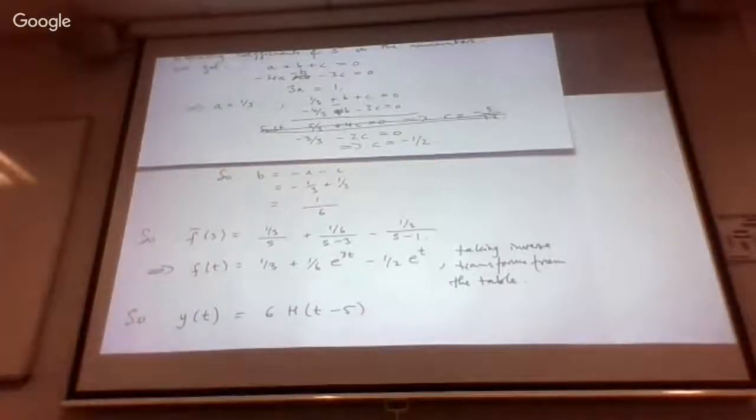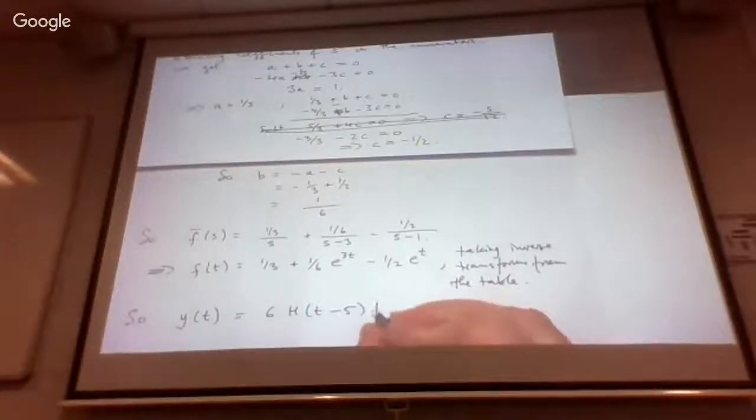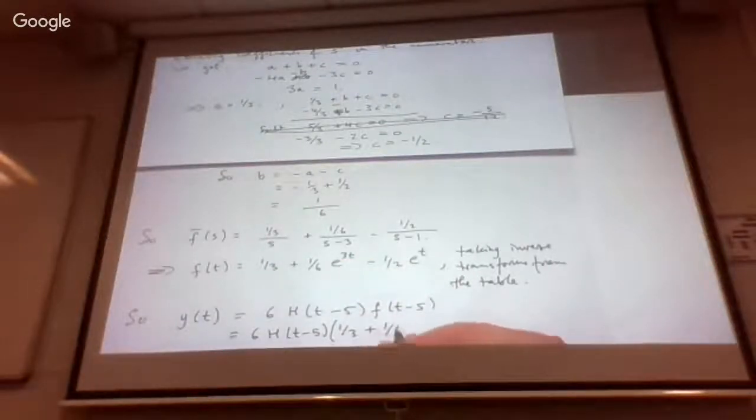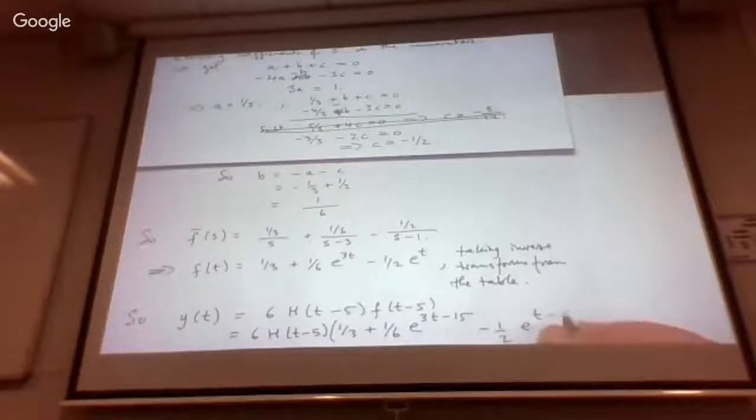That's important, okay? So evaluating that at t minus 5, well, a third is still a third, but this is now 1/6 of e to the 3t minus 15 and minus a half e to the t minus 5.